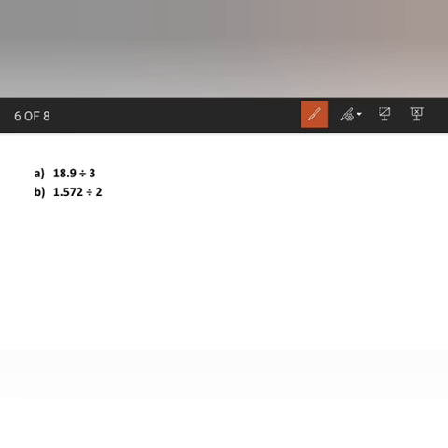The question here is 18.9 divided by 3. Here we are dividing the decimal number by a whole number. So it is 18.9 divided by 3. Now we can do the division.